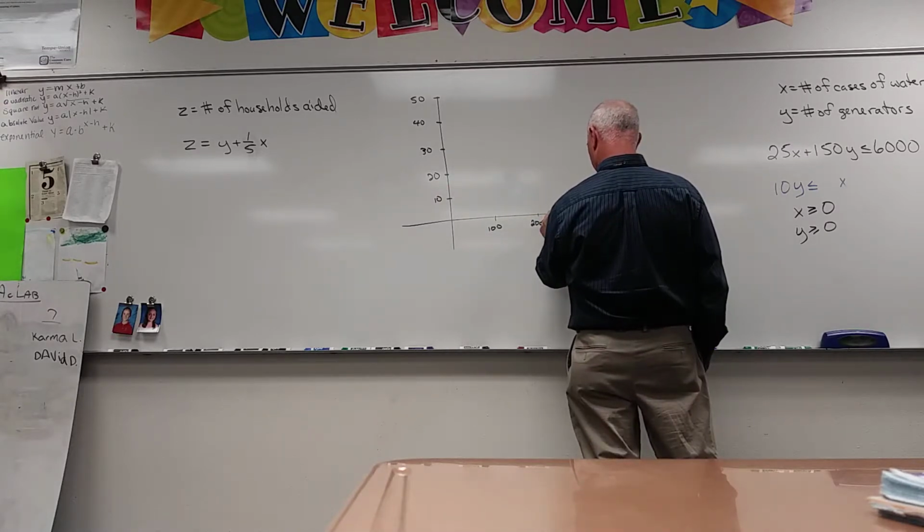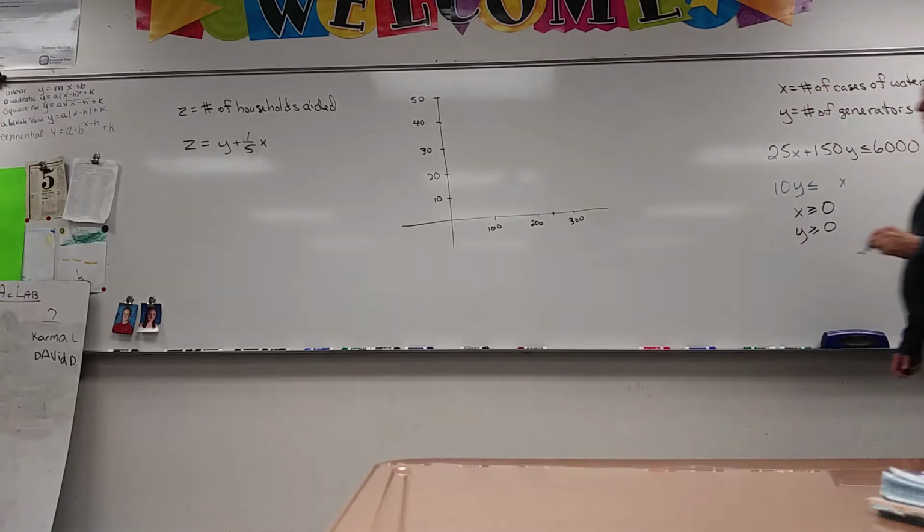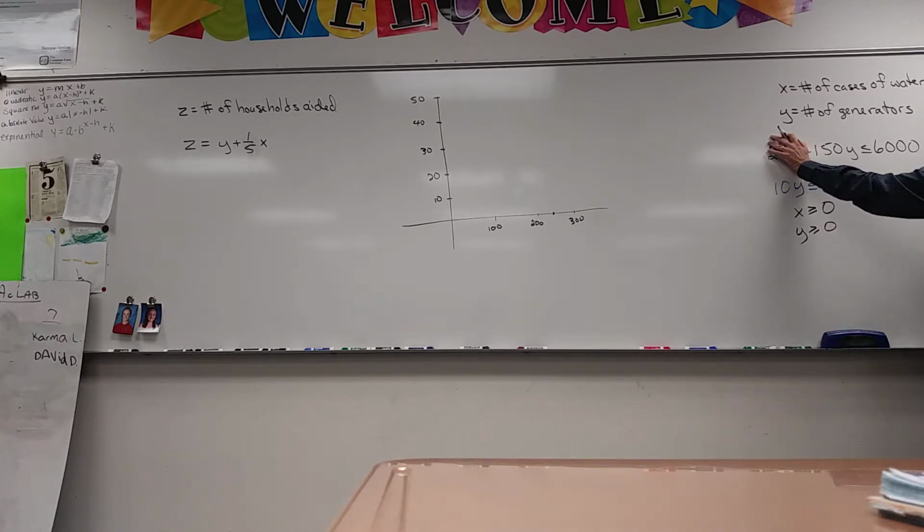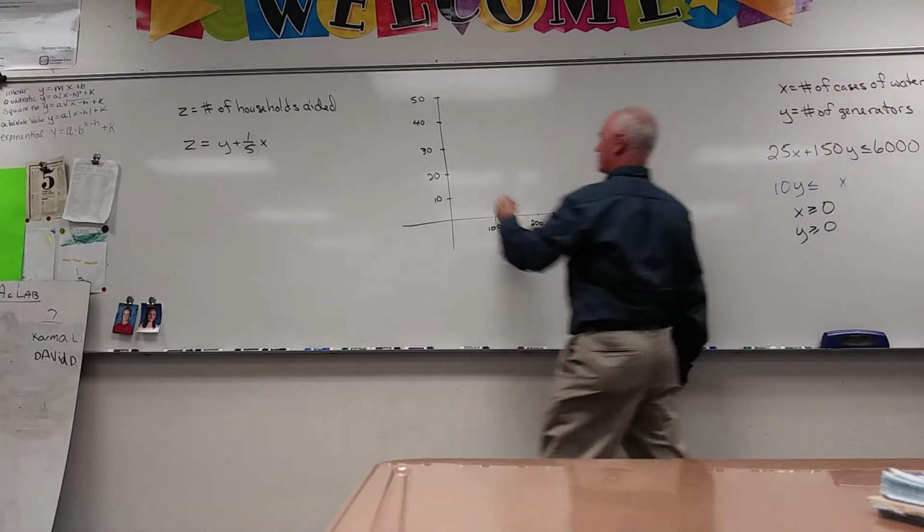So that puts us right about in there. And then find a y-intercept, so we're making x 0. If x is 0, y is 40. Yep. 15 goes into 60 4 times, so 40.